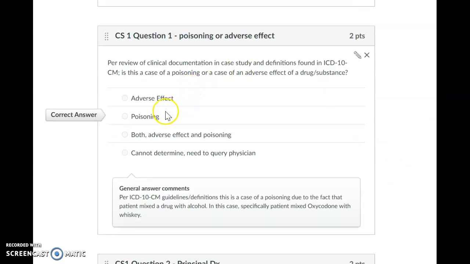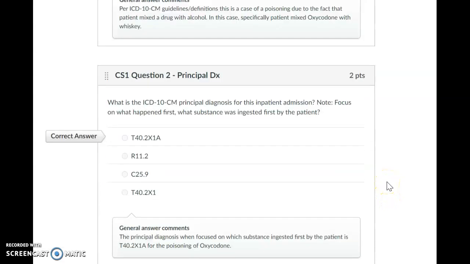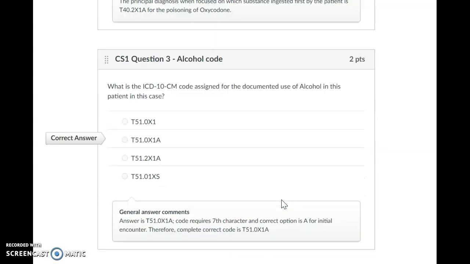So with this, just as I stated, this is poisoning. They mixed a drug with alcohol. Plus, again, you could go with that they doubled their dose. They didn't take it correctly. So that is not an adverse effect. So our first code here is our T code for the poisoning. This is for the oxycodone. And one thing students always seem to tend to forget is that any drug in the system, you need to code them both.